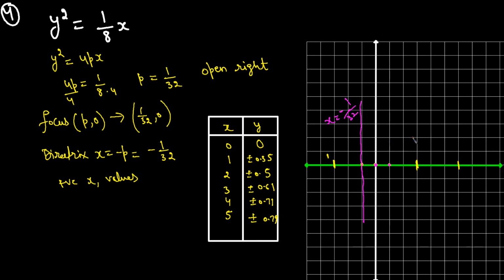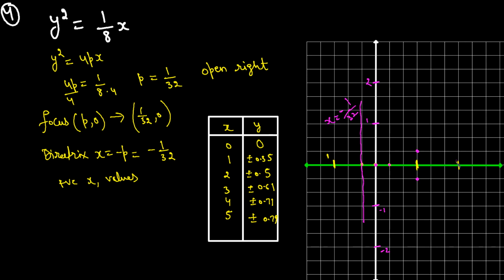Along the y-axis, this is my 1 and this is my 2, and negative 1 and negative 2. So if x is 1, y is 0.35, about 1/3 of that, somewhere here, and the same for the negative side.